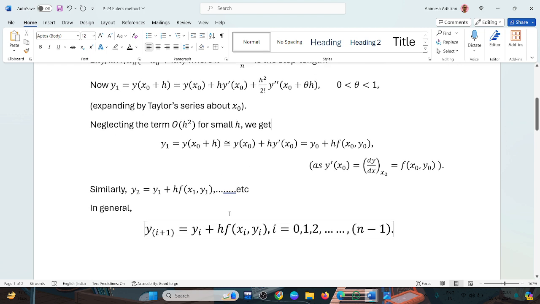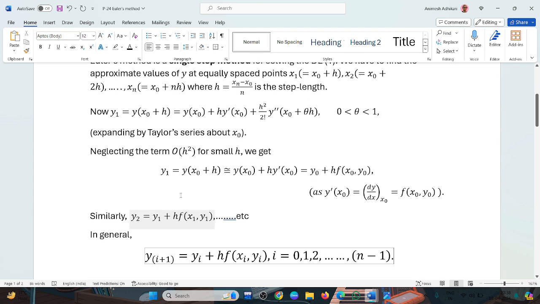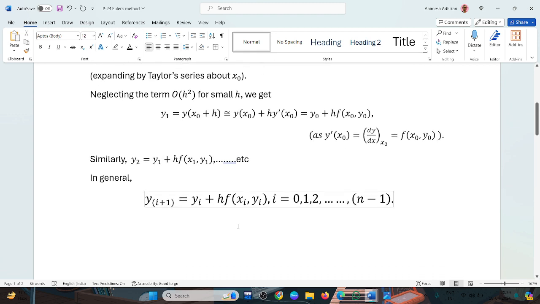And similarly we can find y2. y2 means the value of y at the point x2. x2 means x0 + 2h. This is equal to y1 + h f(x1, y1), etc. In general we can write y(i+1) equal to yi + h f(xi, yi), i runs from 0, 1, 2 up to n - 1.